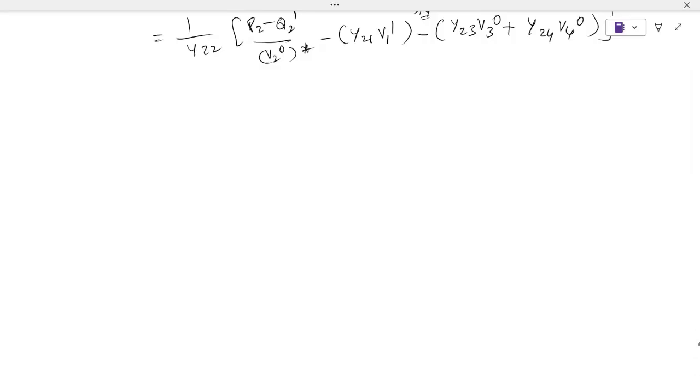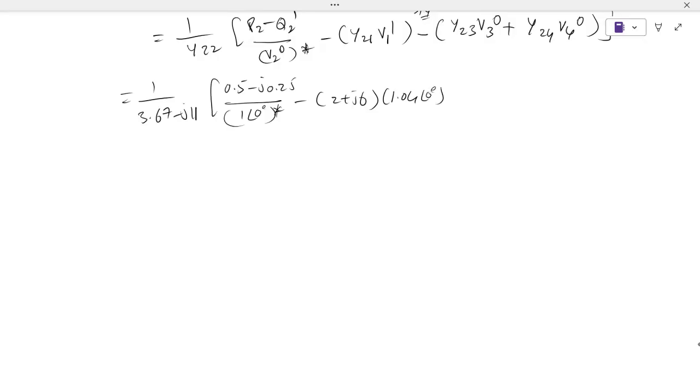Now substitute the values. 1 by 3.67 minus j11.5, times 0.25 minus j0.25 by 1 at angle 0 degrees, conjugate, minus Y21, that is 2 plus j6, times V11, that is the slack bus 1.04 at an angle 0 degrees.